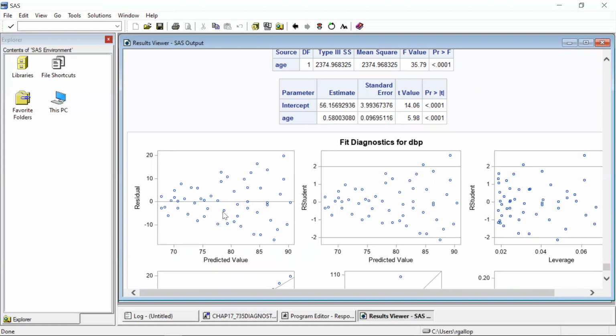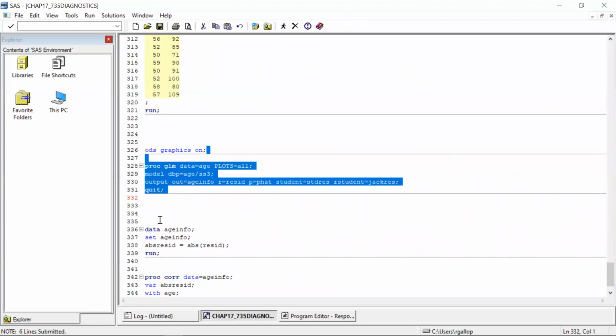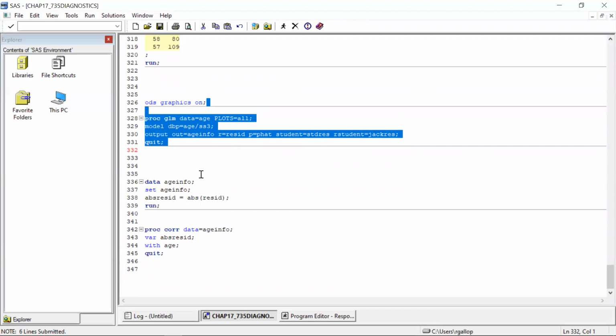Can we get a way to quantitatively assess violation of homogeneity of variance, or in this case, violation of homoscedasticity? With the homogeneity of variance, we've got the Levene's test and the variations to help us out. Do we have anything similar with the regression model? And the answer is yes.